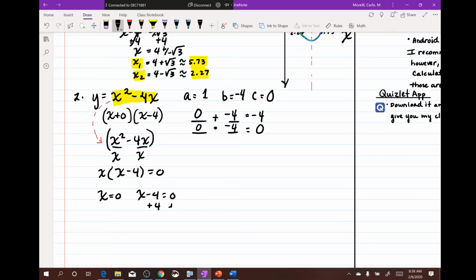So your two solutions are x equals 4 and x equals 0. These are the x-intercepts of the quadratic. Yes, John? Yes, you could have used a perfect square. Okay. What would the perfect squares have been?